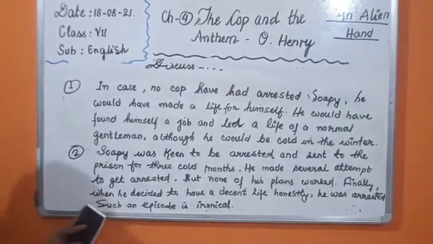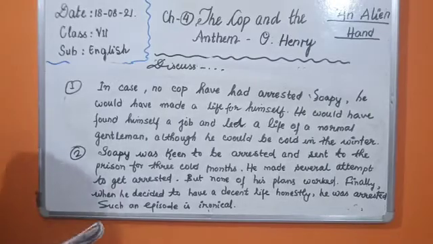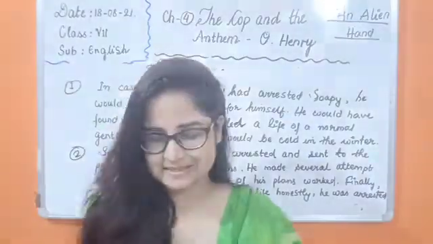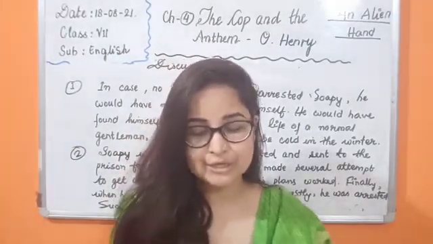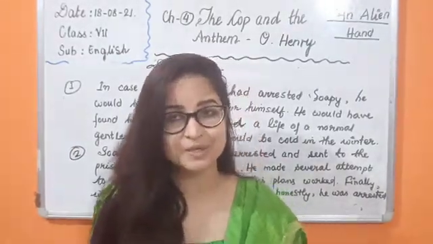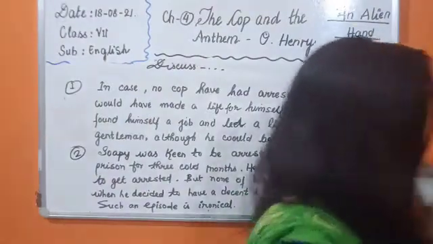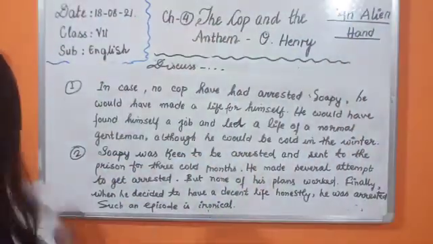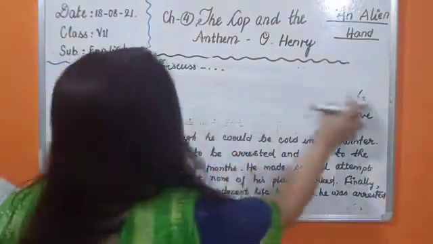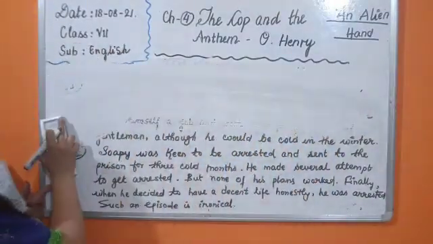Okay, children, this is it. Number 1 and 2. Now we are done with the exercises that's in your book, the question answers that's there in your book. Children, we will be writing some extra questions. That's not in your book, but yes, the answers to them are in your book. So let's get started.